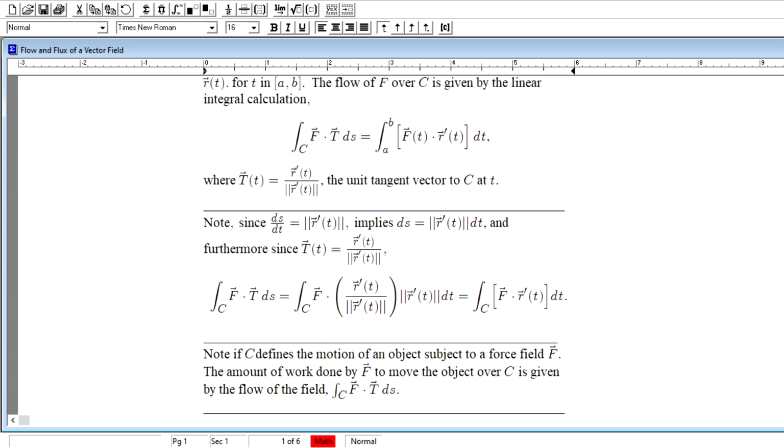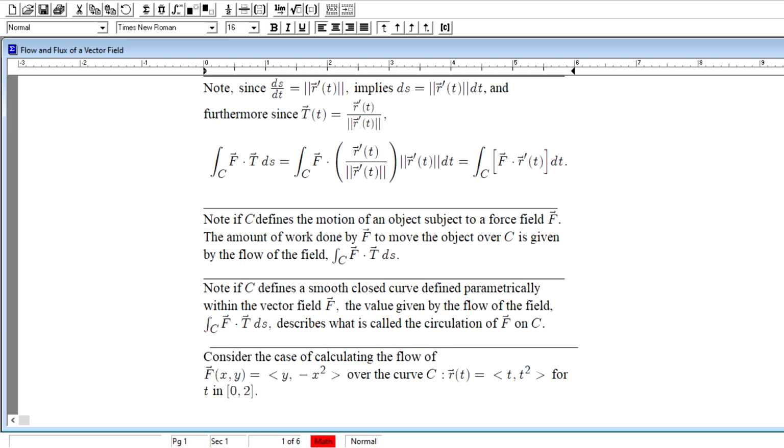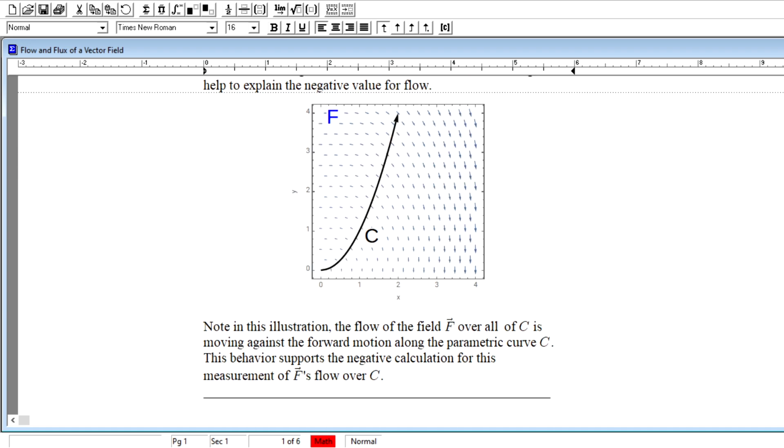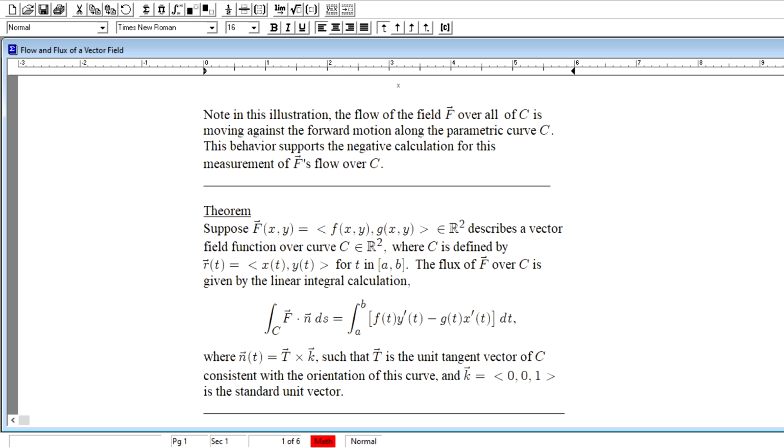In a sense, some of the field moves with the curve and some of the field moves across the curve. How much of the field is moving across the curve? That is a measurement of the fluctuation of the field across the curve, or what we just summarize as flux of the field over the curve, right, or across the curve, right?